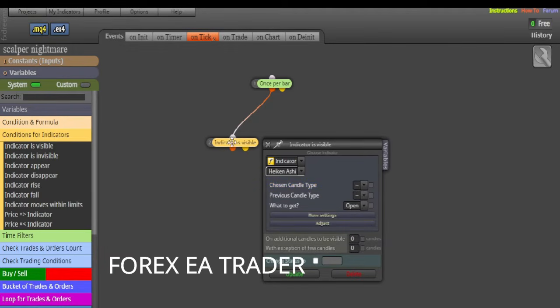This is the buy side, by the way. We are setting conditions for the buy side, the bull trend. So for chosen candle type, we are obviously going to go for a bullish candle. We want the robot to look for a bullish candle.